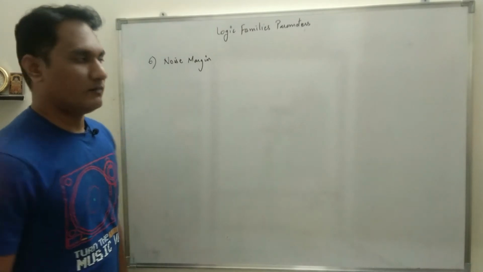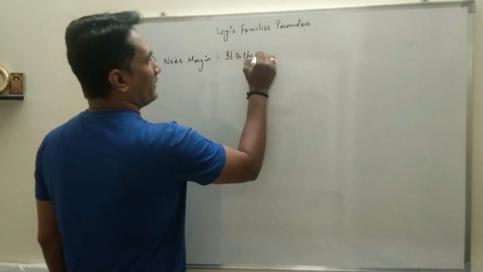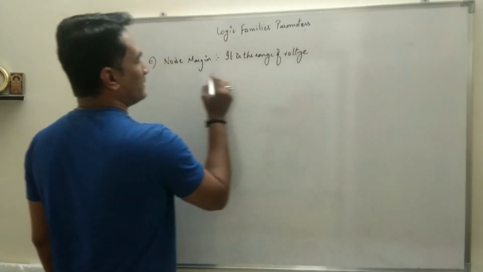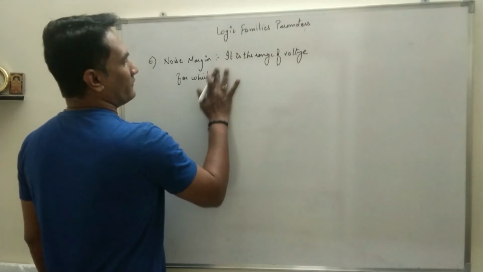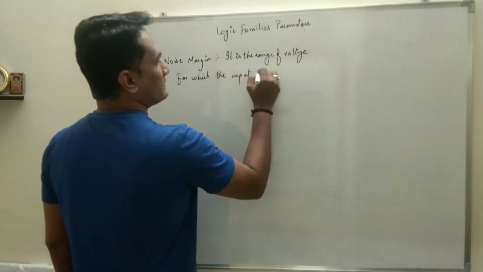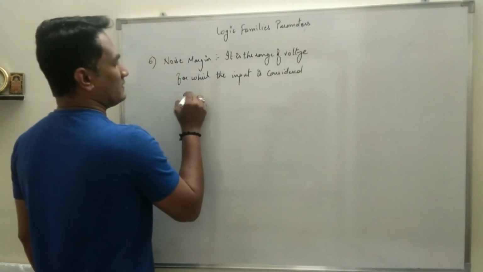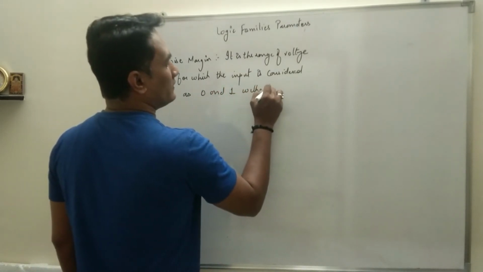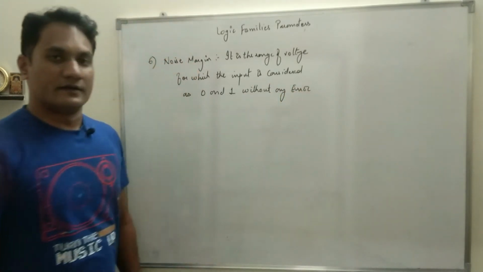Noise margin is the range of voltage for which the input is considered as 0 and 1 without any error.